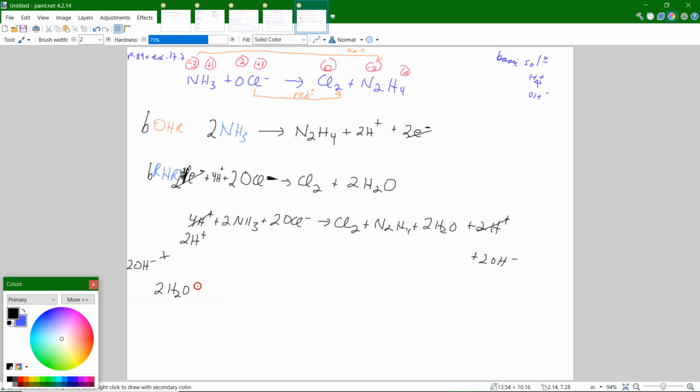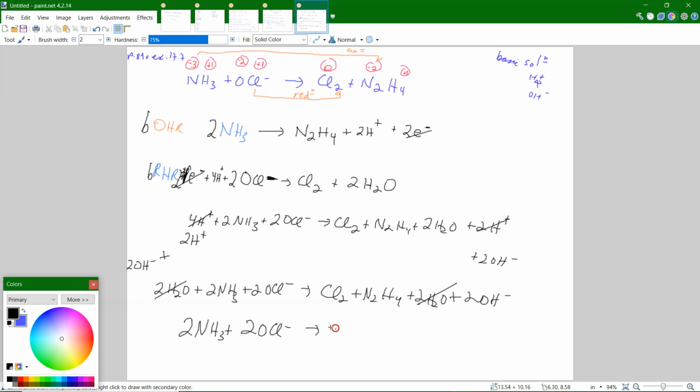So I get 2H2O plus 2 NH3 plus 2 OCl minus goes to Cl2 plus N2H4 plus 2H2O plus 2 OH minus. And my 2 H2Os actually cancel. So when all is said and done, my final answer is 2 NH3 plus 2 OCl minus goes to Cl2 plus N2H4 plus 2 OH minus.